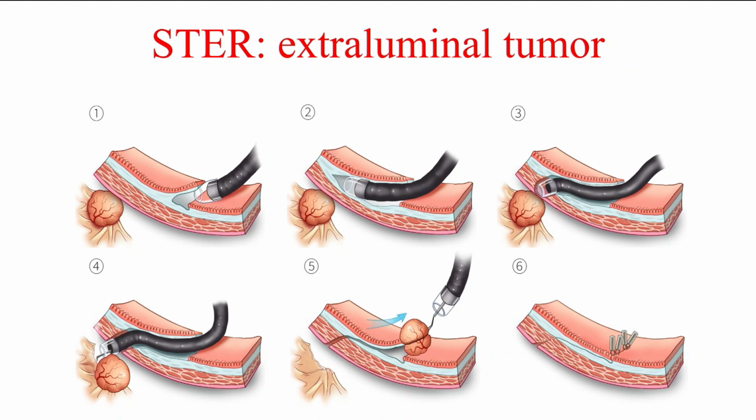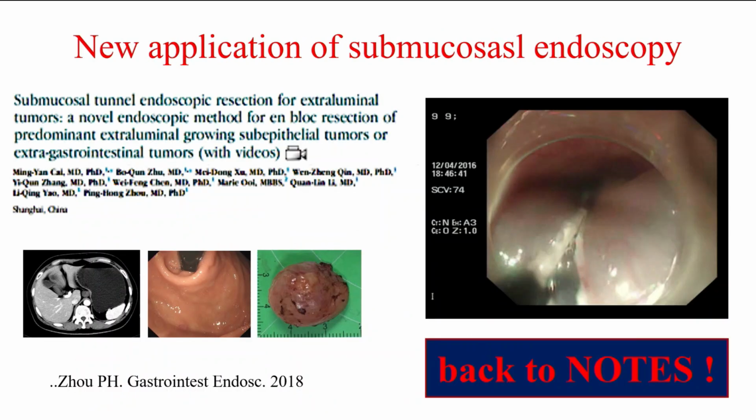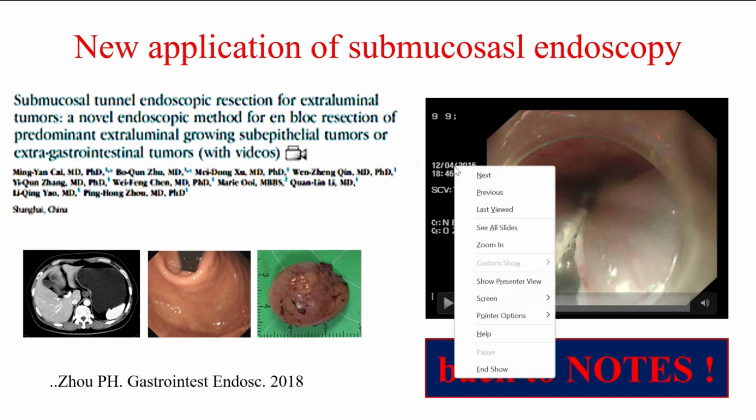So how about STER for some extraluminal tumors? We can use this technique to even cut the whole thickness of the gastrointestinal wall to remove the extraluminal lesion. That means the scope can go from the intraluminal to the extraluminal. This is a new concept of submucosal endoscopy.